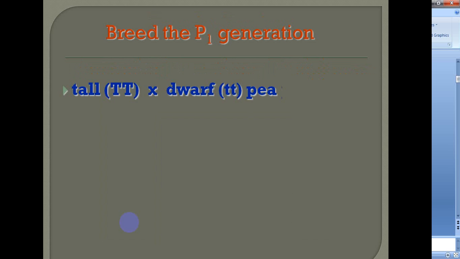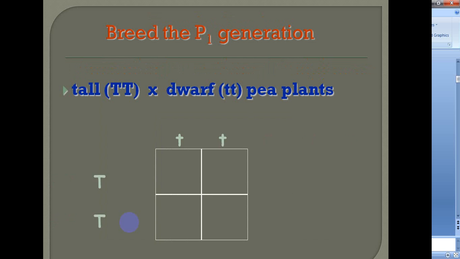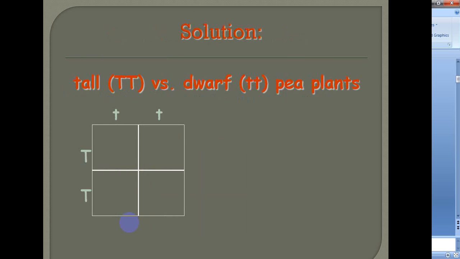Now let us see some breeding problems. Suppose a tall and a dwarf pea plant are crossed. What do we get? We always get a tall plant that is heterozygous in nature in the F1 generation.